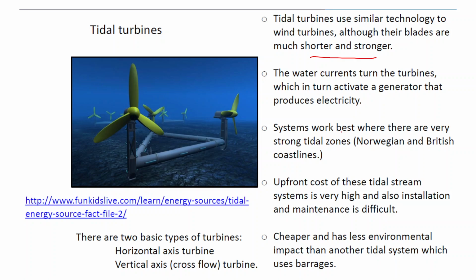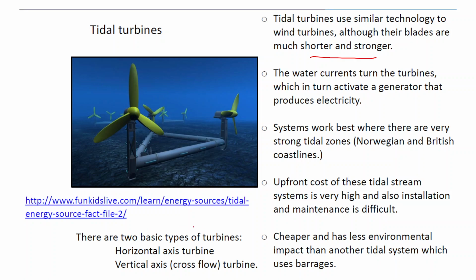Systems work best when there are very strong tidal zones. The upfront cost of these tidal stream systems is very high, and installation and maintenance are also difficult, obviously deep down in the ocean. They are cheaper and have less environmental impact than other tidal systems which use barrages.